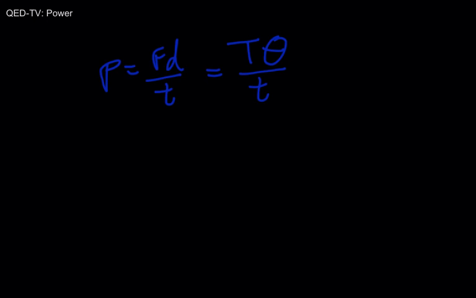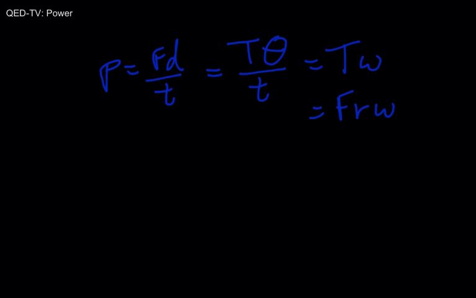Now, angular displacement over time is angular velocity, so we could have torque times omega, which would also be rotational power. And torque, of course, is the tangential force times the radius of the thing that you're turning, times angular velocity.